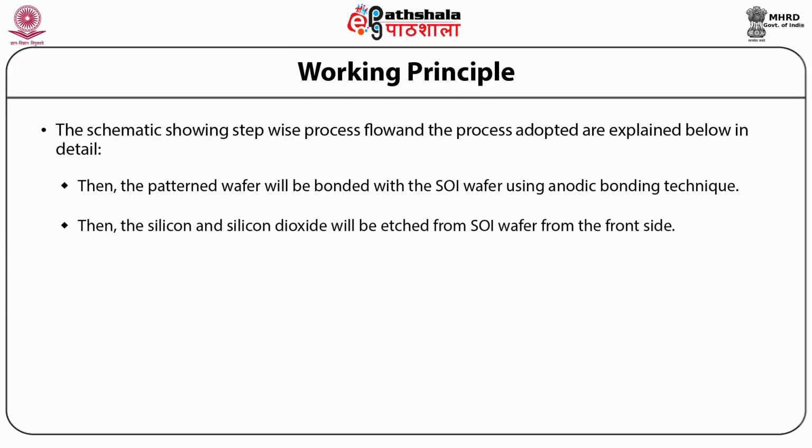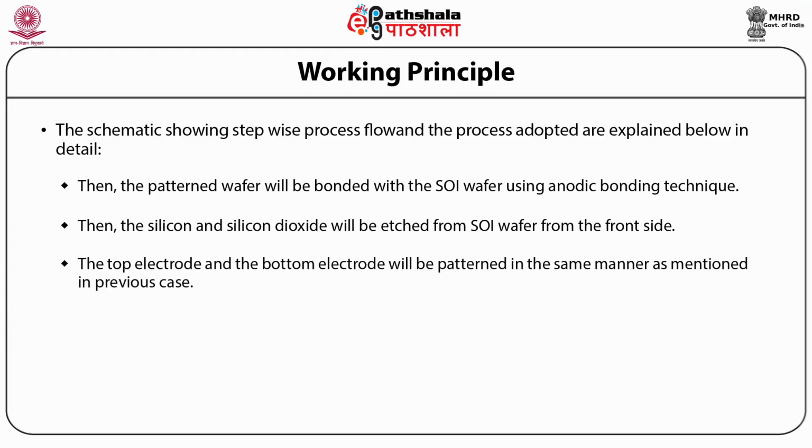Then the silicon and silicon dioxide will be etched during SOI wafer from the front side as shown in the next slide. The top electrode and the bottom electrode will be patterned in the same manner as mentioned in the previous case.